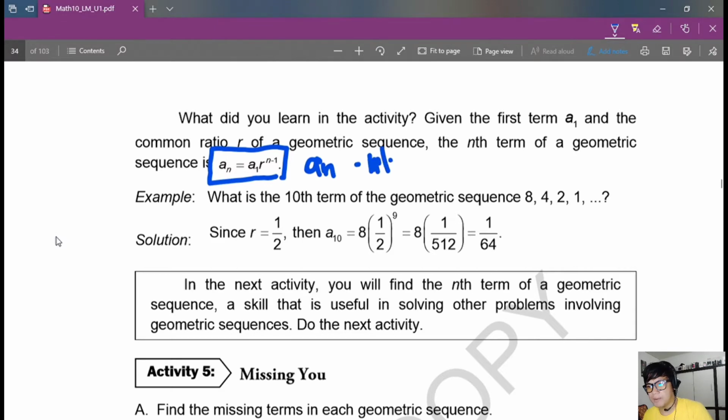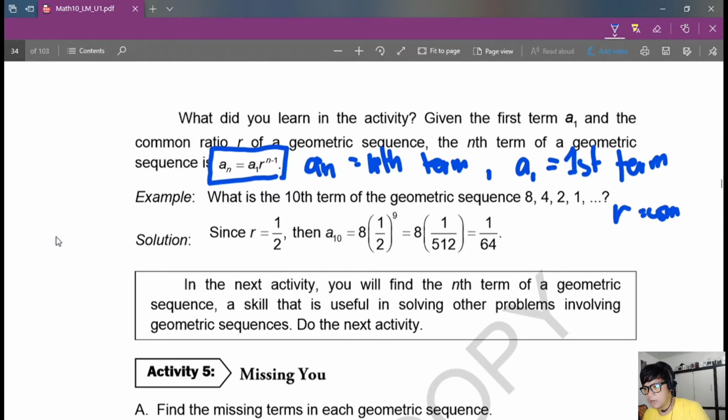A sub 1 is the first term. Tapos R is the common ratio. And N is refer to the number of terms.